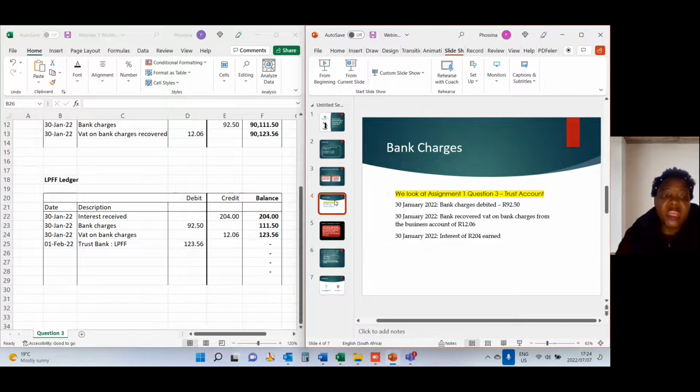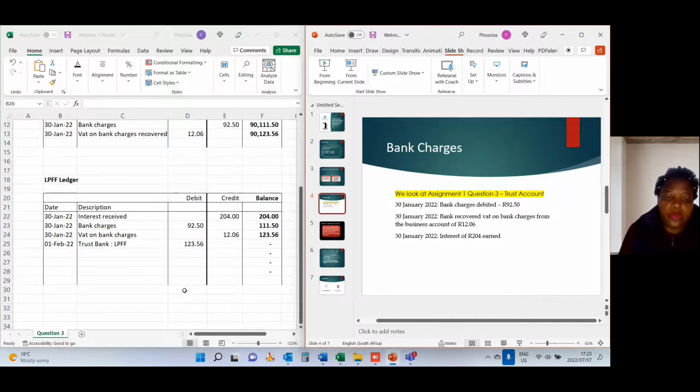And then to make it easier, you can avoid creating an LPFF ledger for that particular transaction, by posting that leg of the transaction under the client. So you are accounting to the client to say, okay, we received 100 Rand in terms of interest, 95 rands, which is 95%, is yours, and 5% we've paid to the fund in terms of the Act, in terms of the new dispensation that was given by the fund.